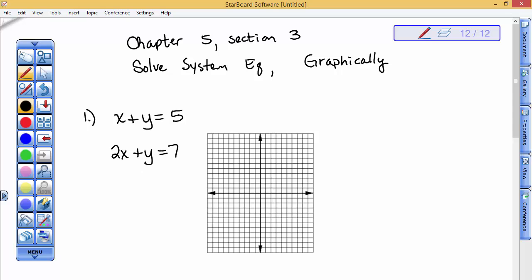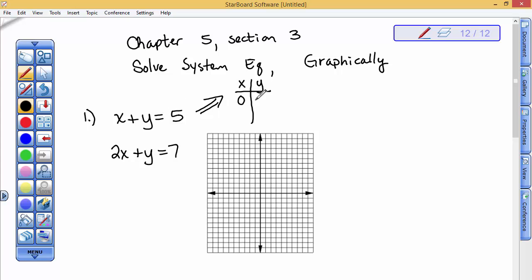So what we need to do is graph both of these equations. There's two options for this first equation. It's so simple. It's in standard form. It's got x and y on the left and a constant on the right. So if I wanted to avoid slope-intercept form for that one, I could say to myself, if x was 0, what would I have to add to it in order to get 5?